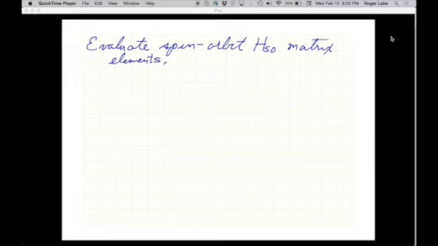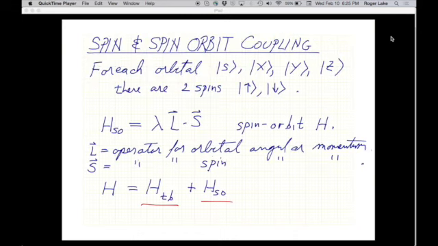So now that you have this, we can evaluate the spin orbit Hamiltonian matrix elements. I guess I forgot to mention in the very beginning when we wrote down our spin orbit Hamiltonian, this guy is what you call local, which means it only has matrix elements between states on the same atom.